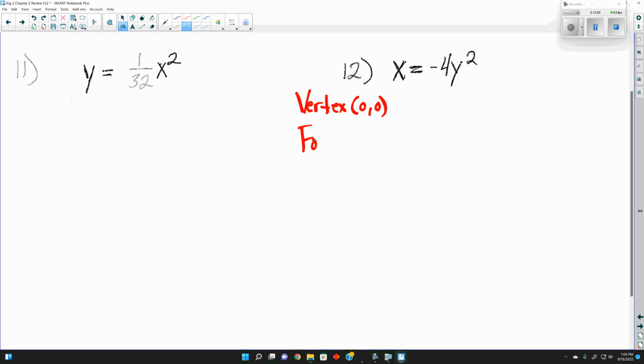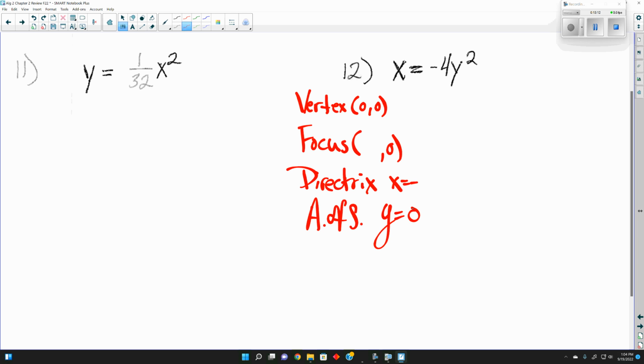The focus for this here is p, comma 0. The directrix is x is equal to negative p. The axis of symmetry is y is equal to 0.